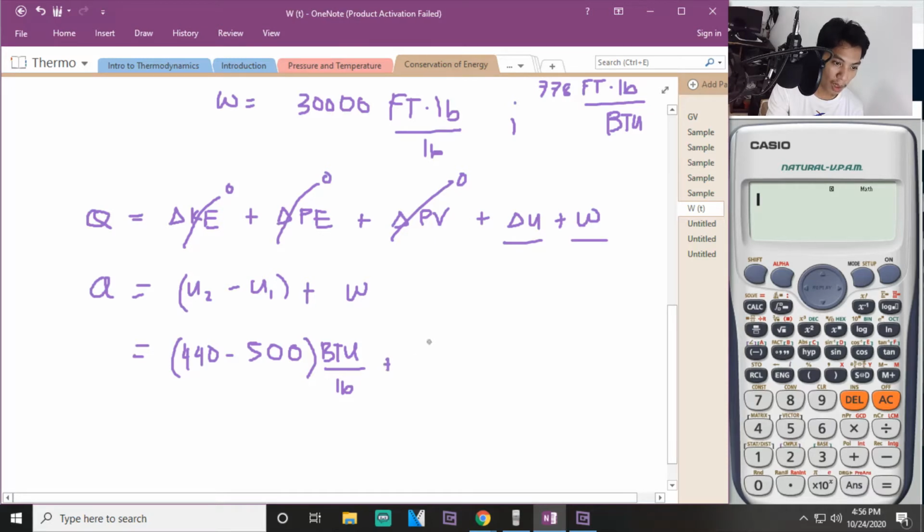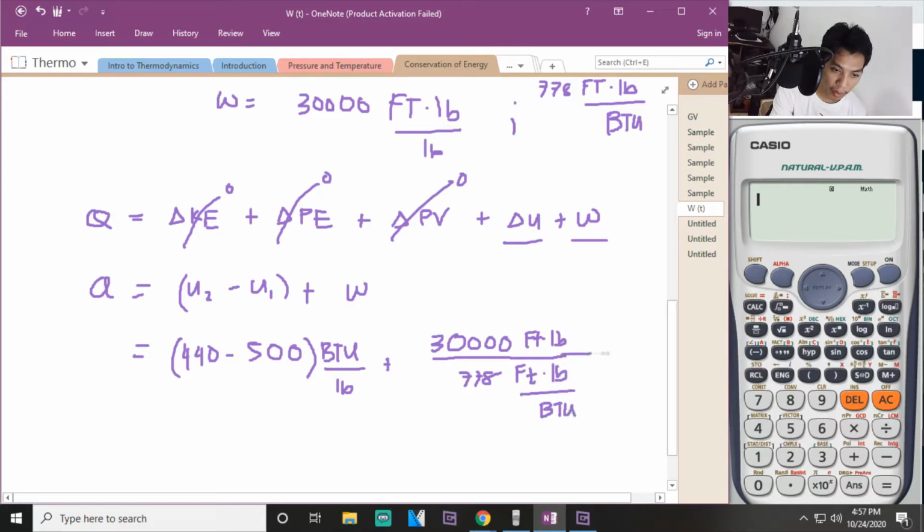Plus, the work is 30,000 feet pound. Okay, divide mo ng 778 feet pound per BTU. Anong kulang? Yung pound. Ayan o, yung pound sa ilalim. Now, this is cancelled.